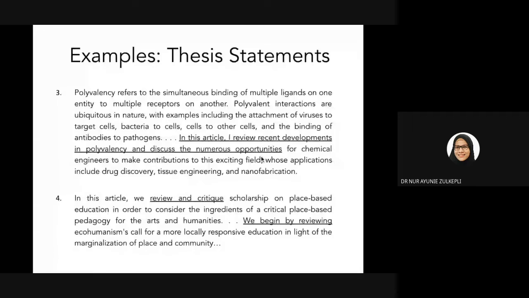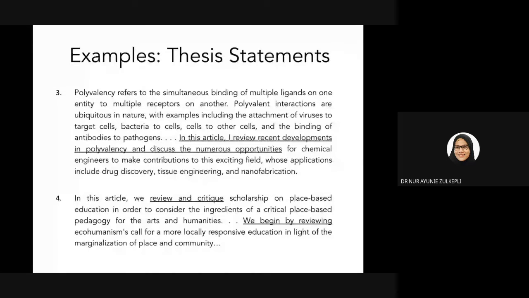Okay. Instead, explaining only polyvalency from the first sentence until the last sentence without a clear statement is actually not good for structuring your literature review.